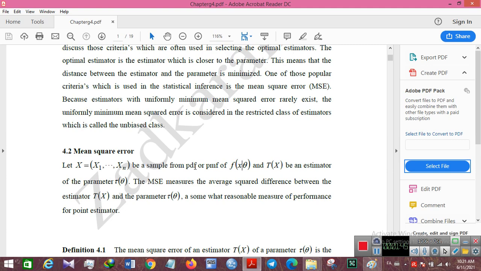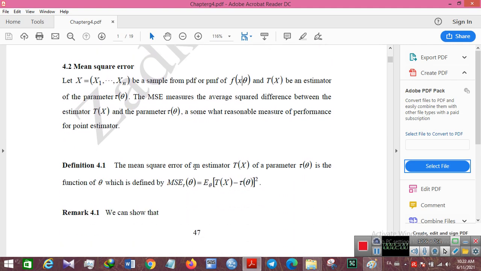Let X1 to Xn be a sample from f(x), and T(X) an estimator of theta. The mean square error measures the average square difference between T(X) and theta, and the definition is presented here. The mean square error of T(X) for a parameter theta is defined by the expectation of (T(X) minus theta) squared.